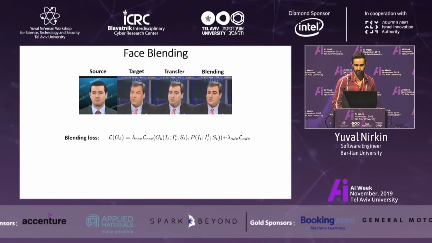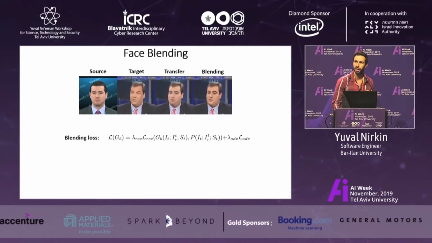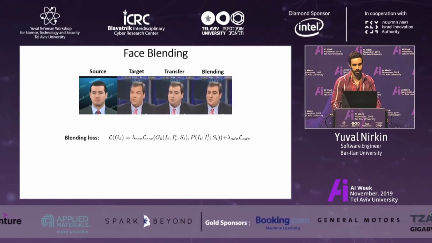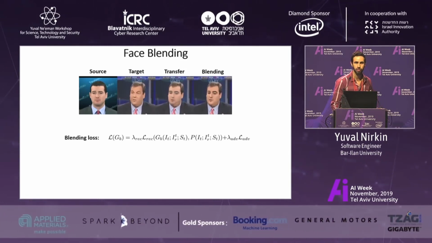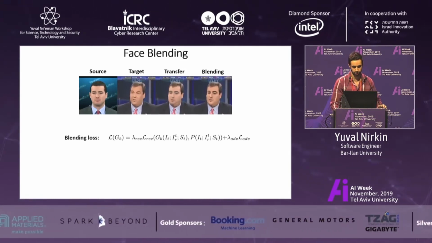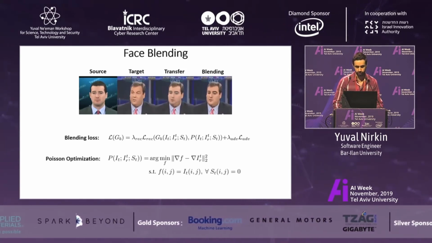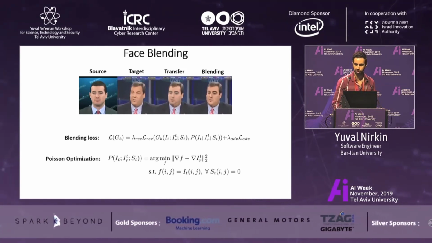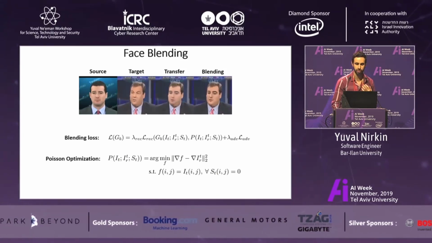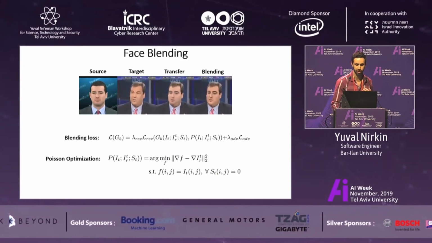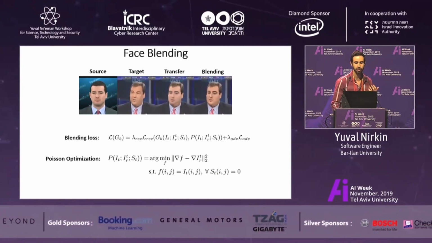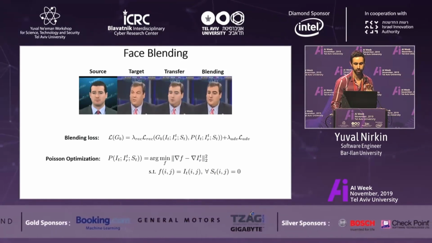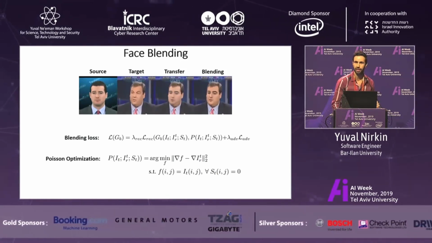L adversarial is a multiscale adversarial loss as defined in Pix2PixHD, and L reconstruction is a combination of L1 loss and perceptual loss. Finally, P is the Poisson optimization, where the goal is to minimize the distances between the image gradients, under the constraint that the colors on the mask borders will remain the same.